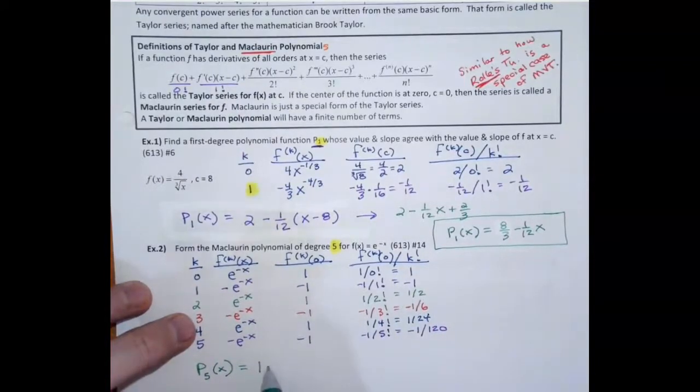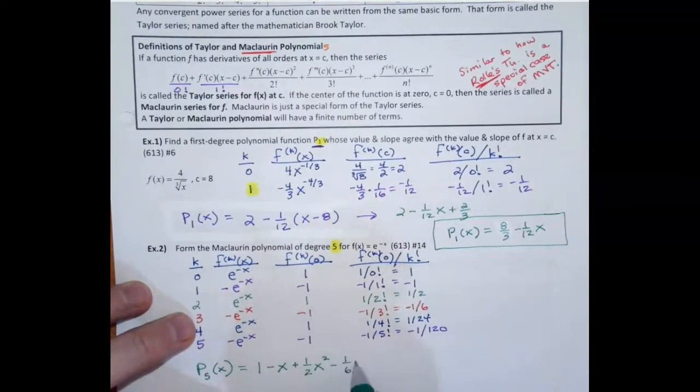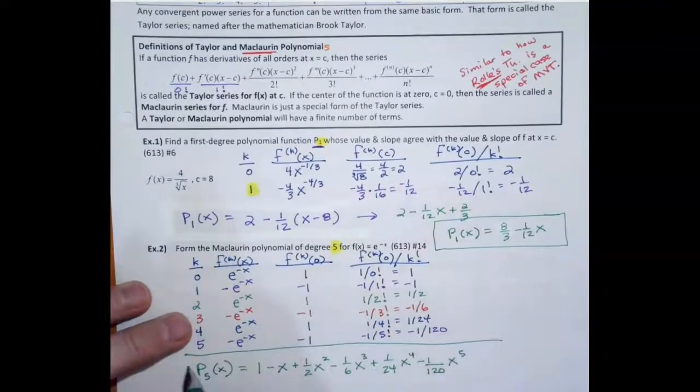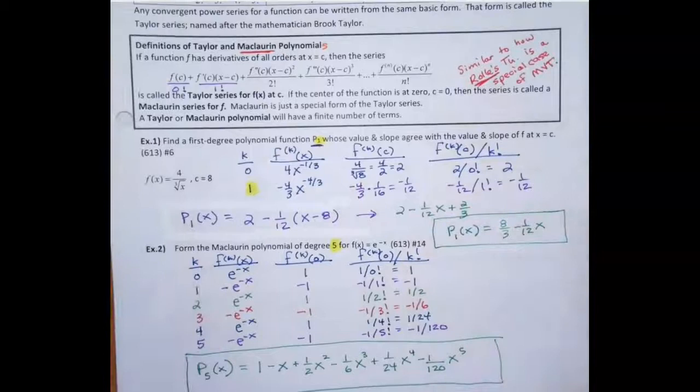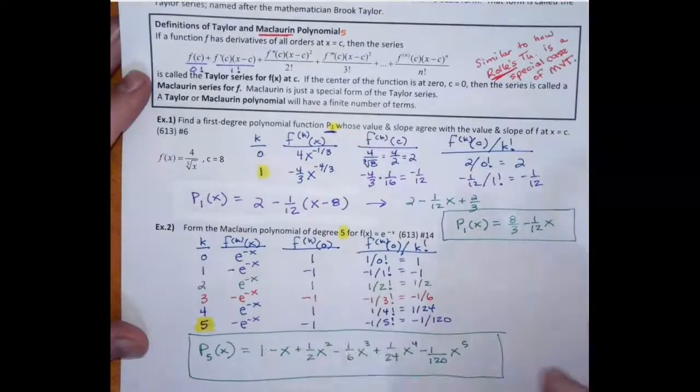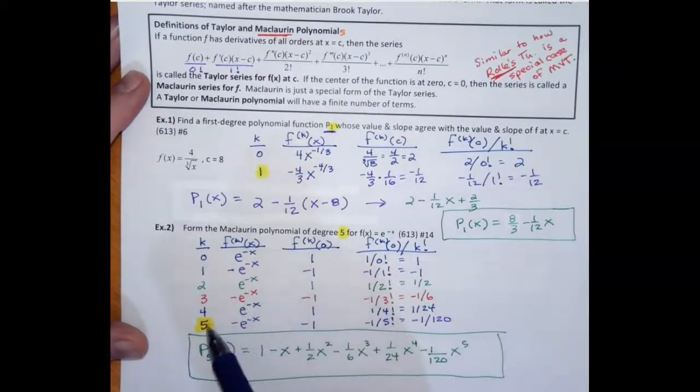So the next one is going to be negative x, and then plus 1/2 x squared, and then minus 1/6 x cubed, and then plus 1/24 x to the 4th, and finally 1/120 x to the 5th. Okay. Alright, so that's at degree 5, that's why we went to 5, and that's why we have 5 there.